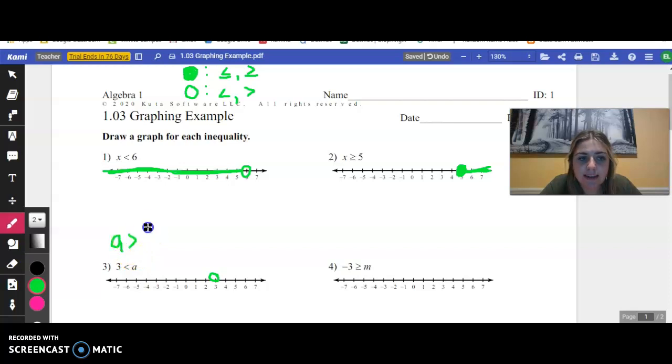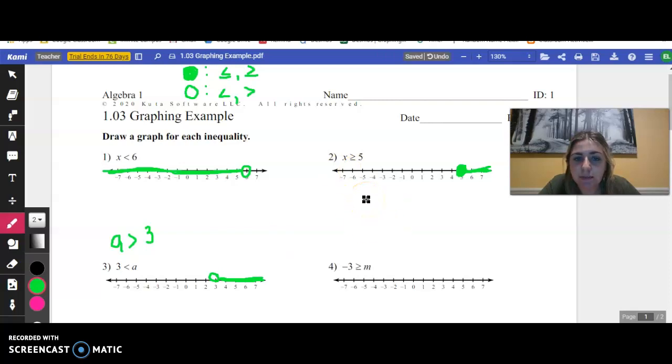And the reason is we want to make sure that in the original problem, the wide end of the inequality sign, the open end, was facing the A. And so when we rewrite it, we have to make sure that that open end is still facing the A. And then this may be easier to think: A is greater than 3. So you're going to shade all the parts that are greater than 3.